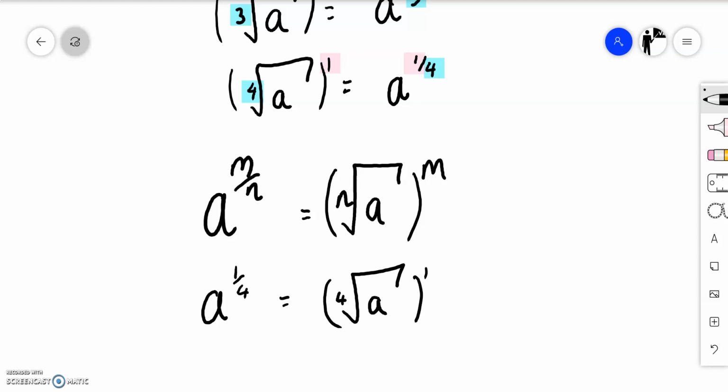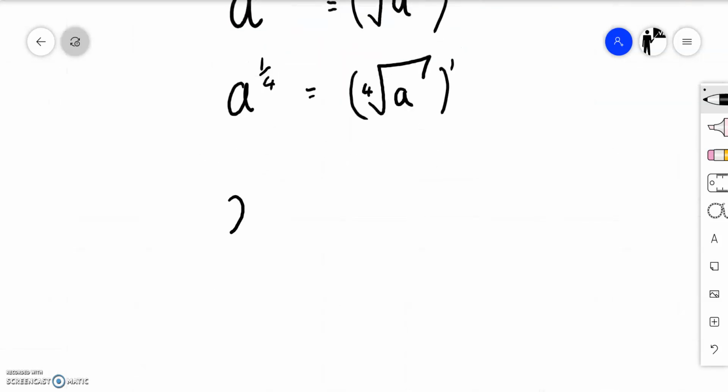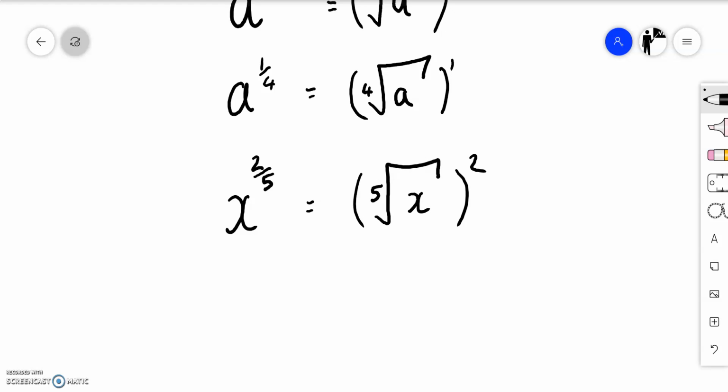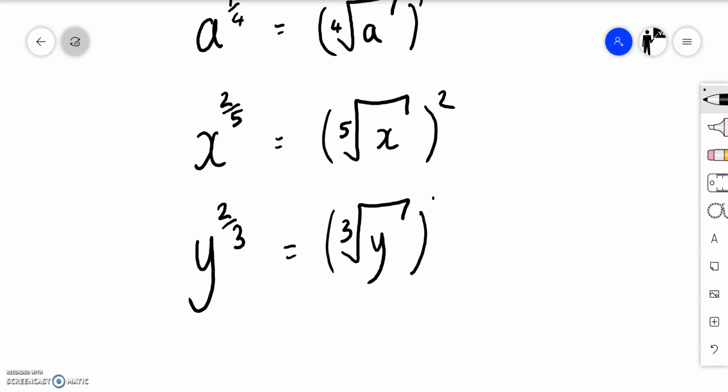And we don't usually write that power 1, but that's how these ideas are equivalent. But let's say we had a different power. Let's say we had x to the power 2/5. Well, this would become the fifth root of x squared. Similarly, if we've got y to the power 2/3, that's going to become the cubed root of y squared.